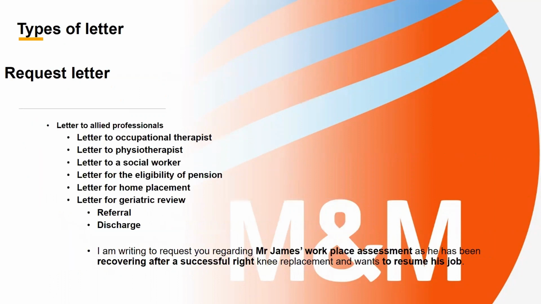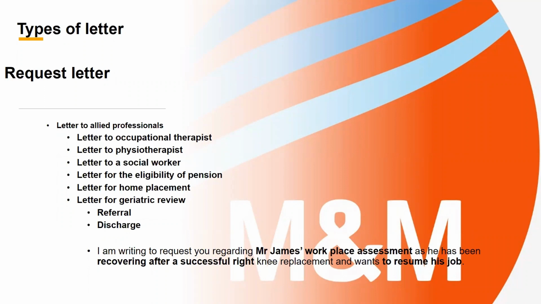Okay. So after that, we have a letter of request. In the letter of request, we may write it to, let's say, the occupational therapist. Let's say we can write it to the physiotherapist. We can write it to the social worker. We can write it, let's say, for the eligibility of pension, letter for home placement, for genetic review, and so on. Right?